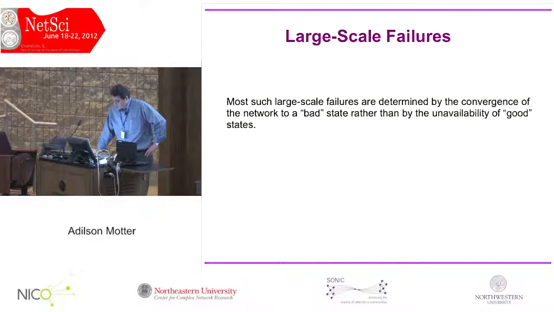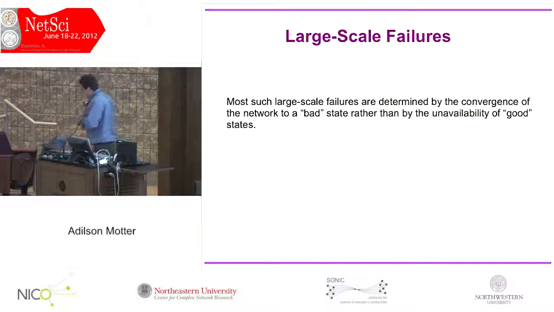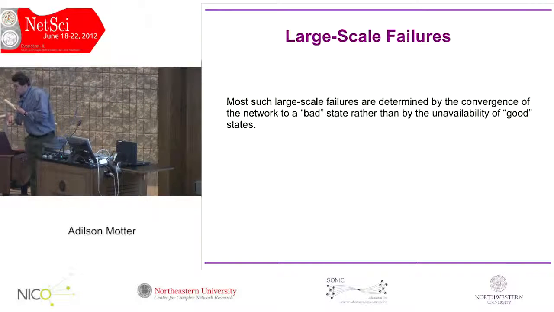All right, so putting together the pieces, the picture that emerges here is the one in which most of the damage is not caused by the primary perturbation, it's actually caused by the propagation of its consequences, you can say. And in terms of dynamical systems, what that means is that your system is converging to a bad state.